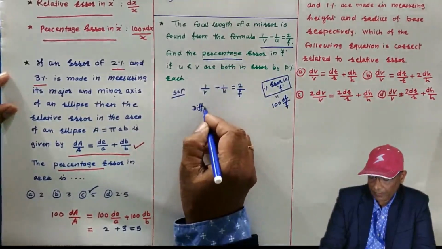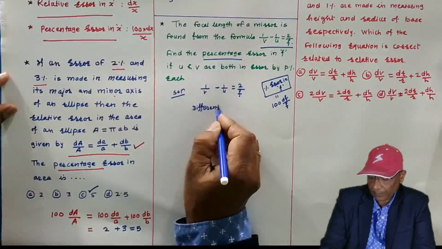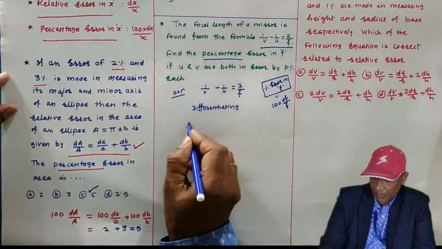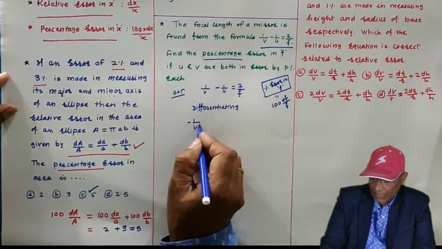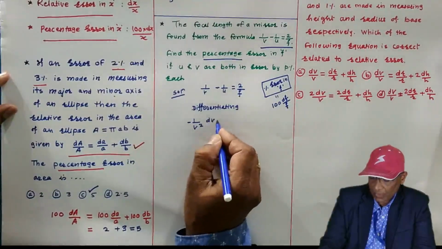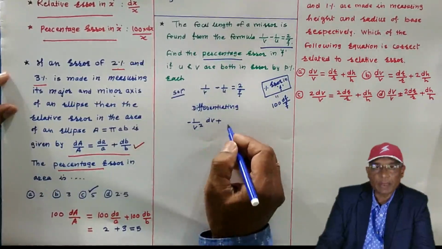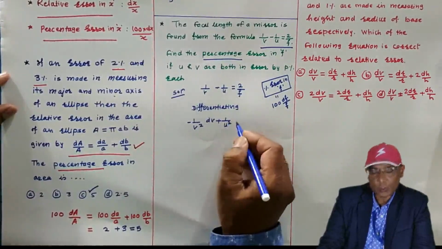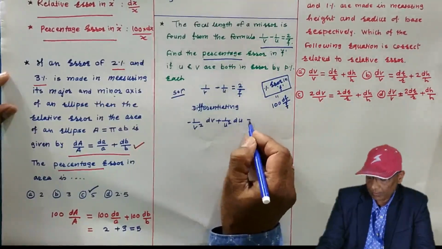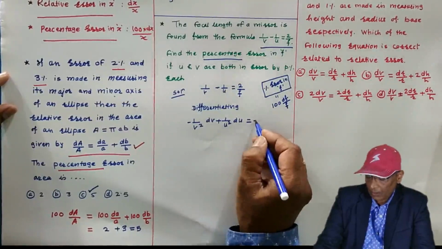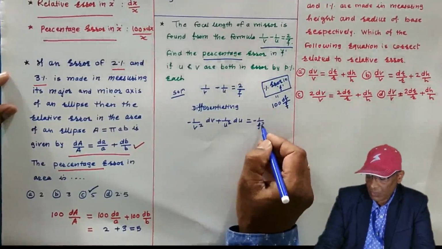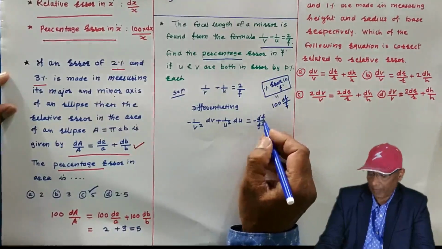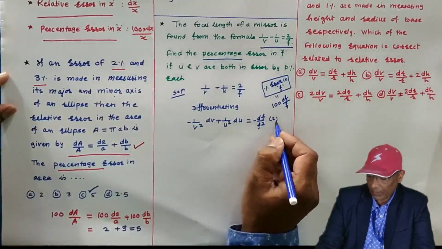Differentiating this: the derivative of 1 by v is minus 1 by v square dv, minus the derivative of 1 by u, minus minus gives plus 1 by u square du, and minus 1 by f square df is the derivative of 1 by f, and the 2 is already there.